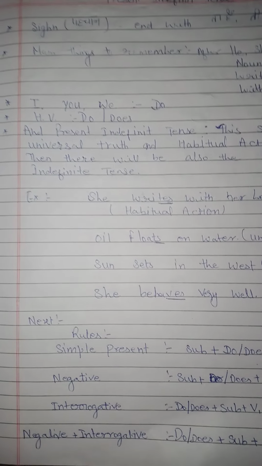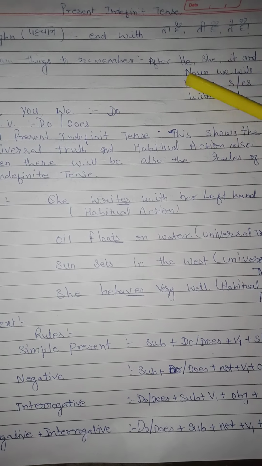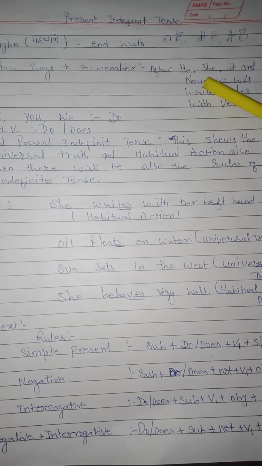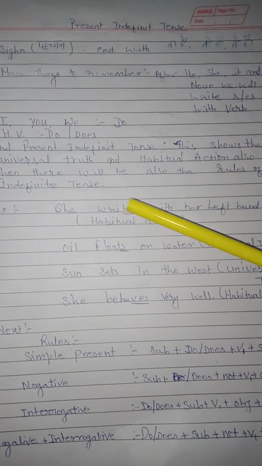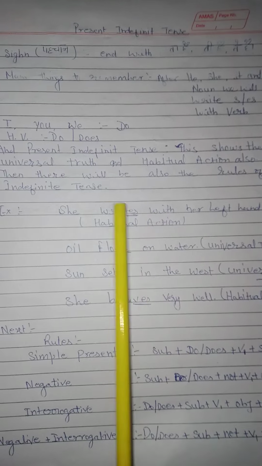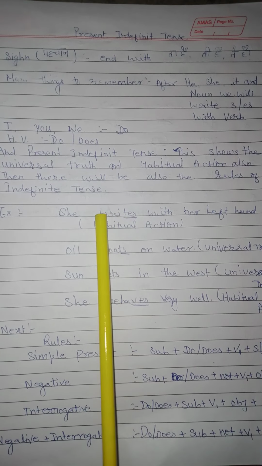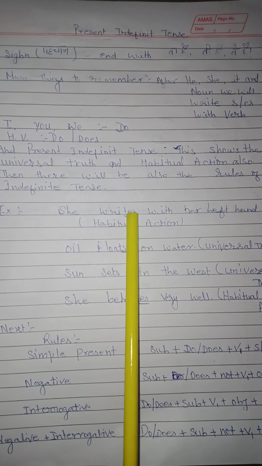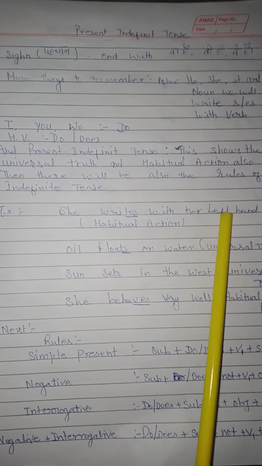I have told you before, with he, she, it we will write s or es with verbs. So we have written the verb with es: writes with her left hand.